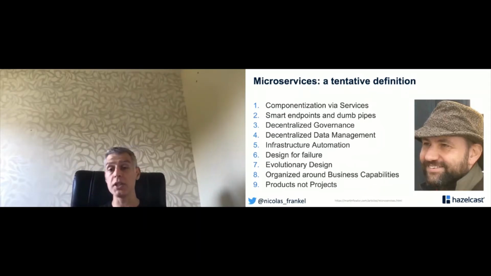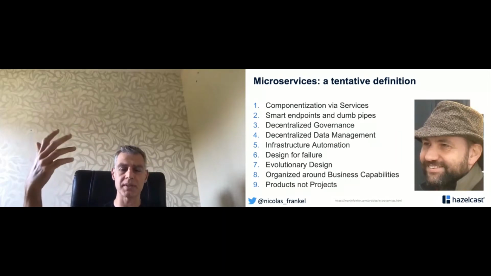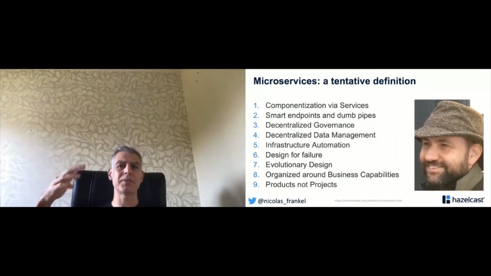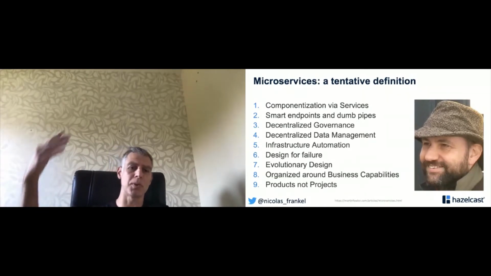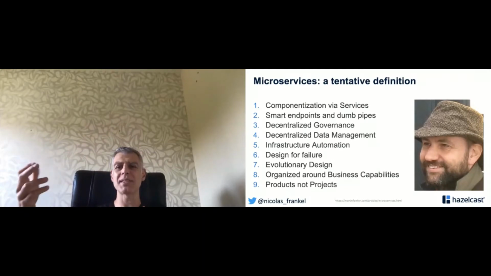One of the issues I see very often is that technical people are using those definitions, so they only check the technical requirements. They don't care about the rest because it's out of their scope. For example, if you go down to the last point, products, not projects, this is outside of our reach. We don't organize the company.